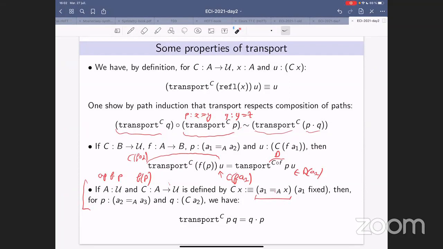So there's a very simple way to get an element of C A3, namely to concatenate the proof q, which goes from A1 to A2, and then the path p, which goes from A2 to A3. So this is correctly typed for being the result of transporting. And because this seems quite natural, we pretend that it's true, and then we show it by path induction, and it works. So these are three easy properties of transport.